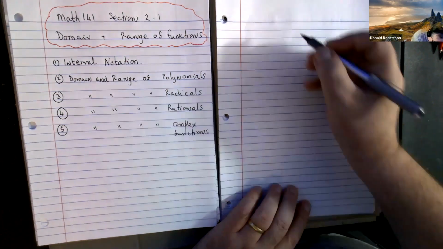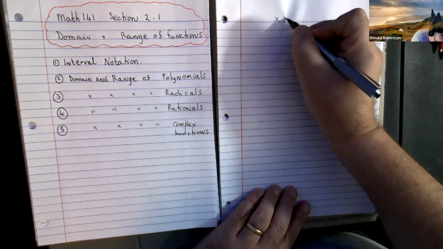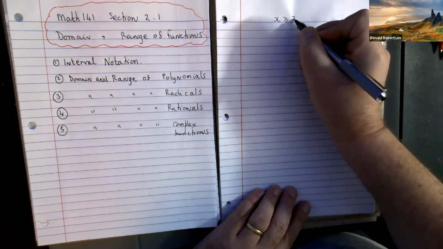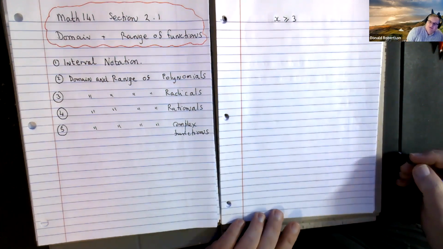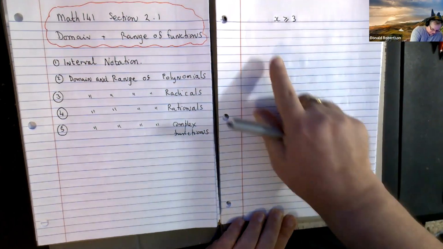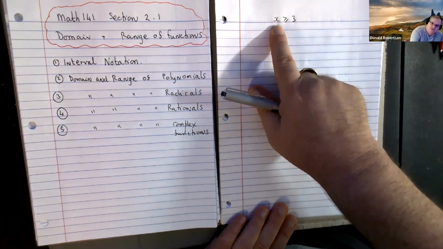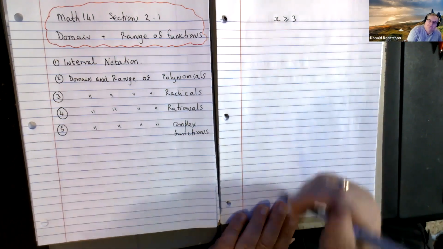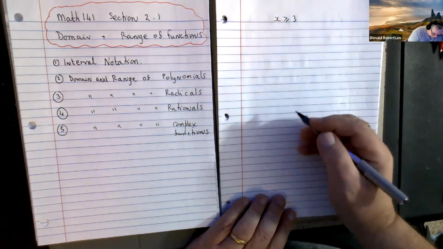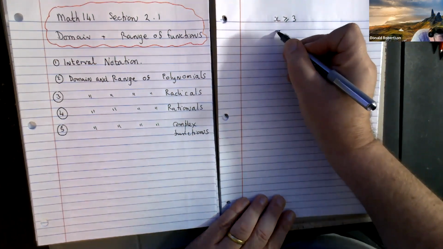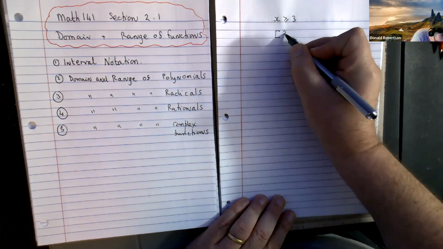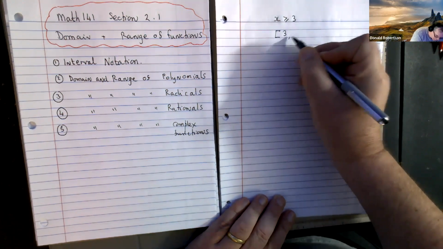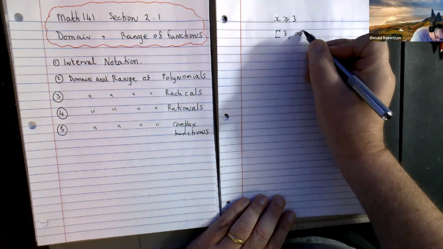So imagine I expressed some information that said that. What I'd be saying mathematically is that there's a variable x and it takes a value that's greater than or equal to 3. And we would like to write that information using interval notation. The convention is square bracket, comma, 3 to infinity.